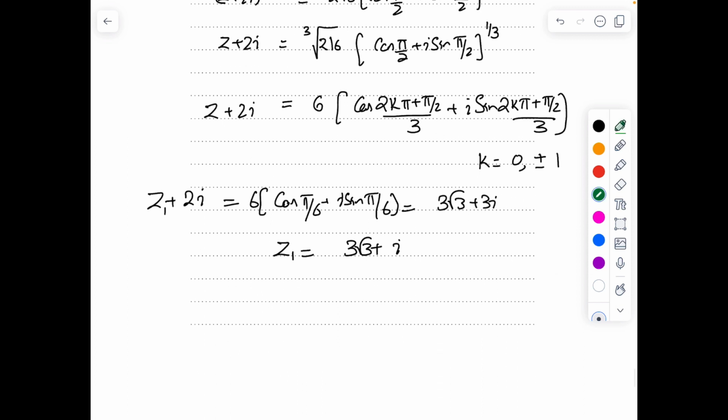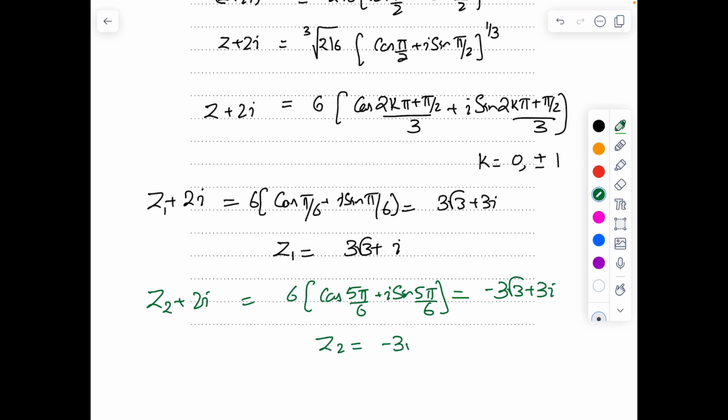Next, I'm going to take the value of k as plus 1. So z2 plus 2i equals 6 times cos 5π/6 plus i sin 5π/6. When I simplify that, I will get negative 3 root 3 plus 3i. So my z2 will become negative 3 root 3 plus i.